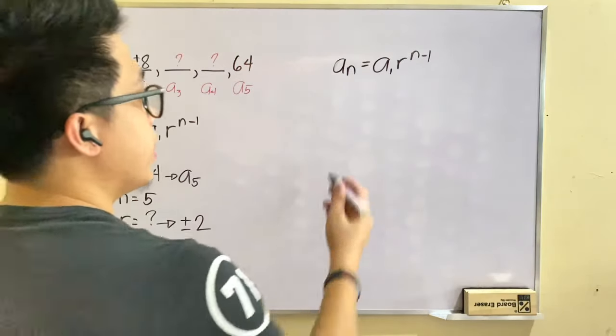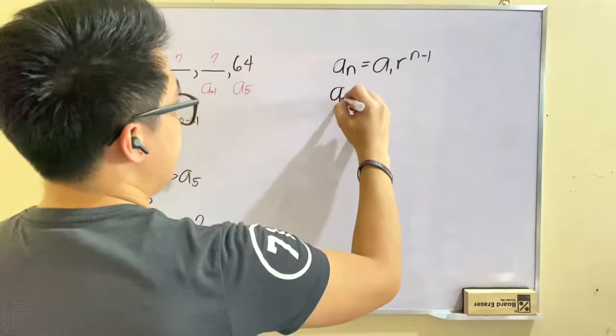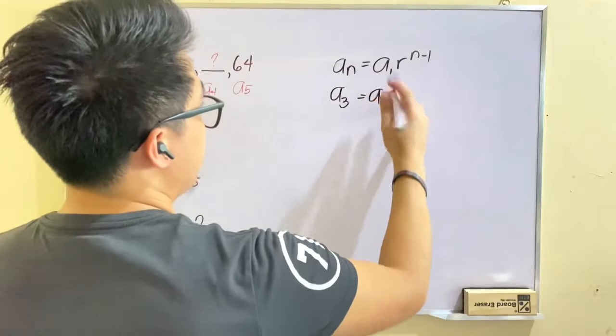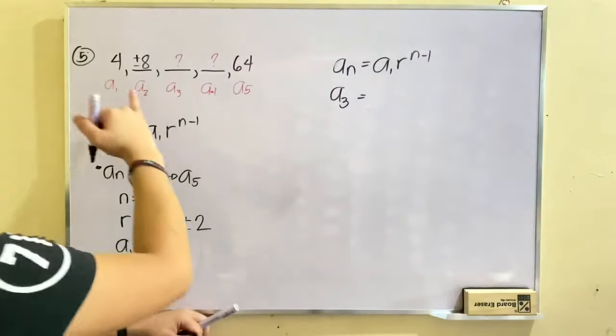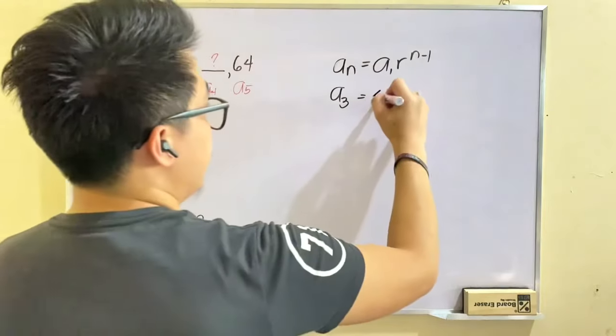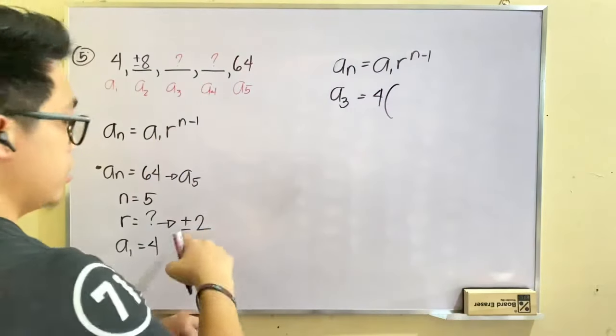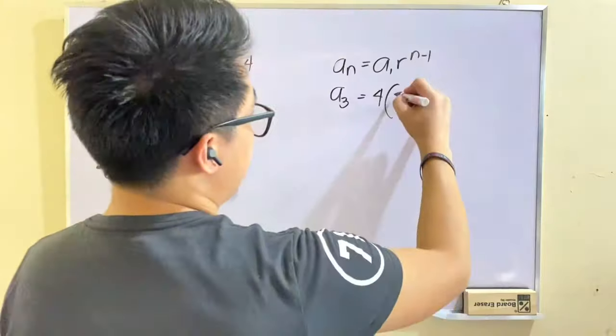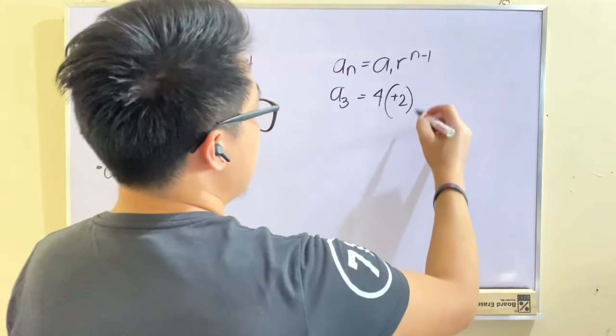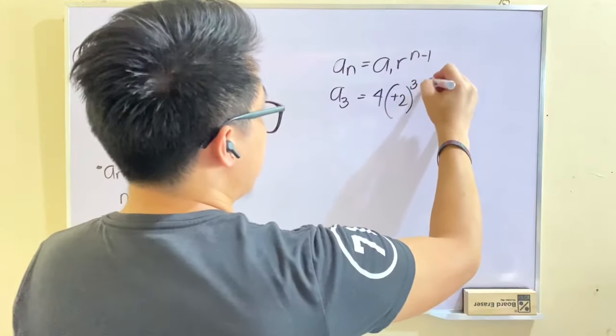Next, hanapin naman natin si a sub 3. A sub 1, anong value ng a sub 1? 4. Times ratio, which is positive or negative 2. So, magkakaroon ulit tayo ng dalawang condition. Positive 2 dito, raised to 3 minus 1.